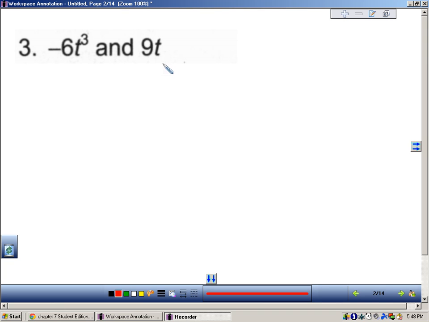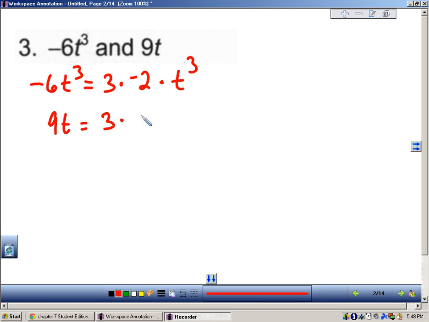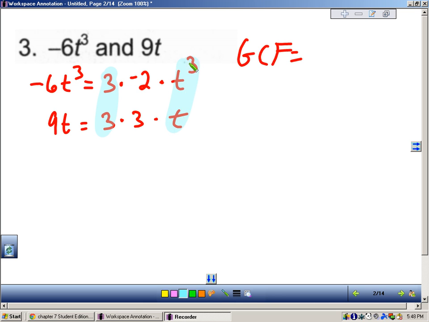Number 2. Same idea. The greatest common factor appears to be 3. So I'll pause to break it down. So the GCF looks like it's 3, and t to the third or first power, that's the lowest power there.